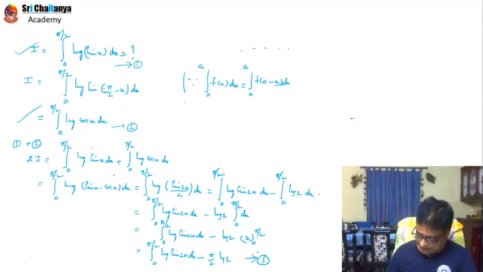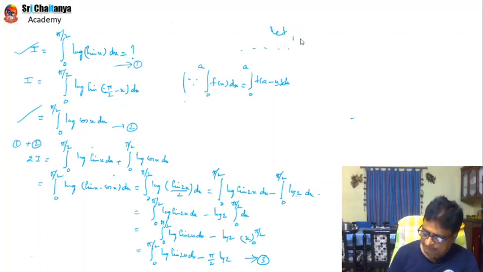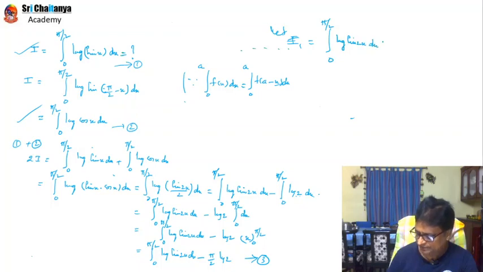Now in equation 3, let us consider that first part as I1. So I1 is integral 0 to pi by 2 log sin 2x dx. Here I put 2x equal to t.